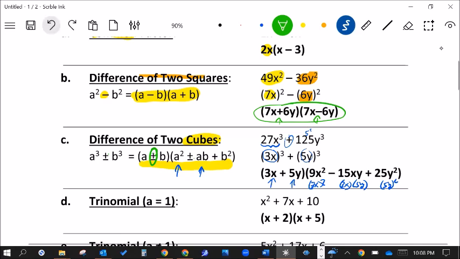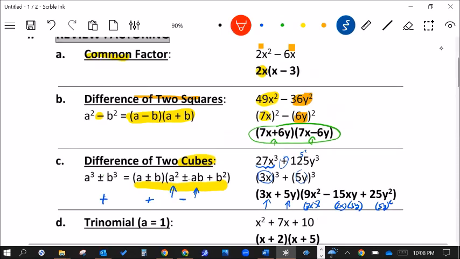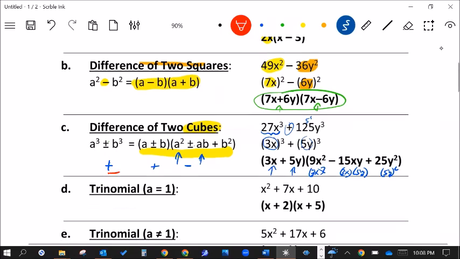So let's emphasize what it is. If it's a plus, then it's plus and minus there. If it's a minus, then this is a minus and that's a plus. These switch. So in this case, if that one's a plus, then that one has to be minus, or it would have been the other way around if it was subtracting.